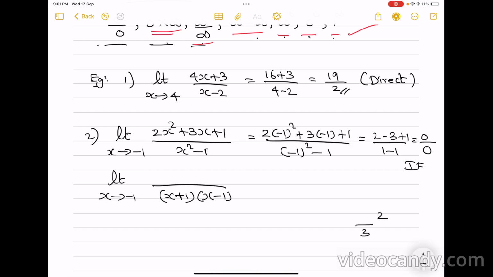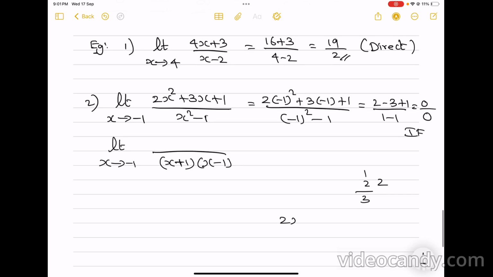So 2x square plus x plus 2x plus 1. Take the x out, it will become x into 2x plus 1 plus 1 into 2x plus 1. I am just giving you the recall. So this is x plus 1 into 2x plus 1, that is the factorization of 2x square plus 3x plus 1.